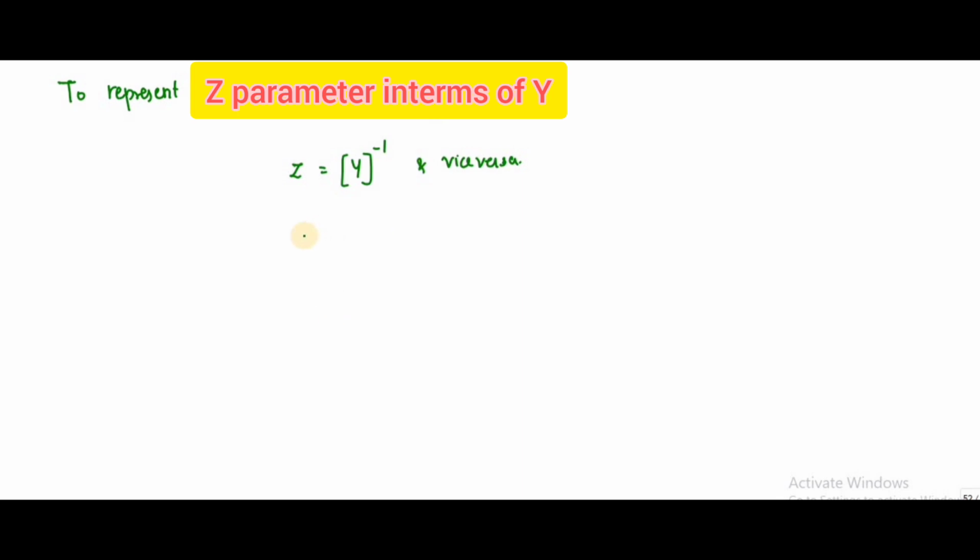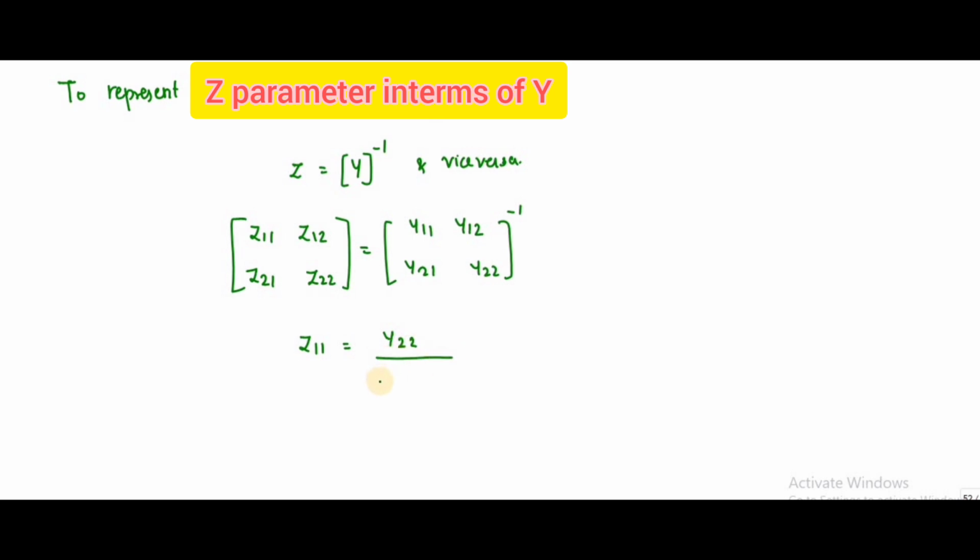Okay, so I can write the matrix Z11 Z12 Z21 Z22 is equal to the matrix Y11 Y12 Y21 Y22 whole power minus 1.